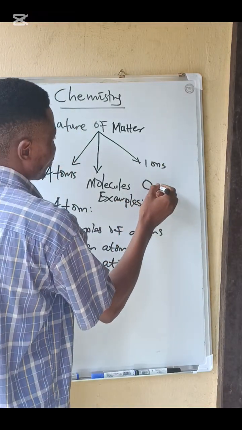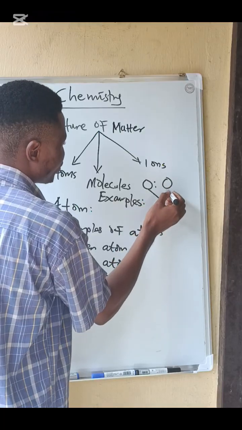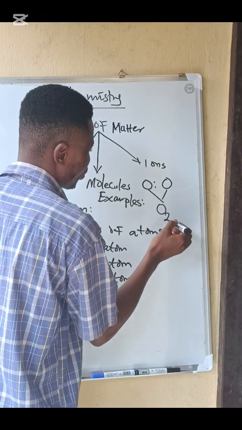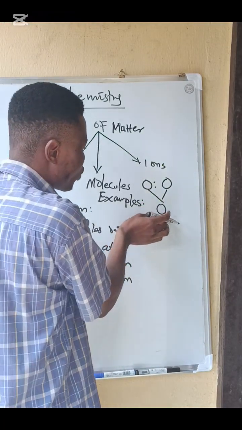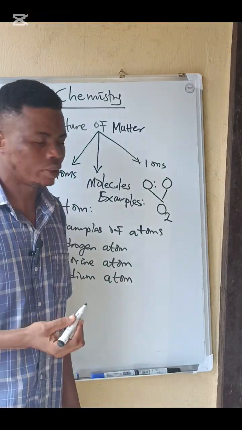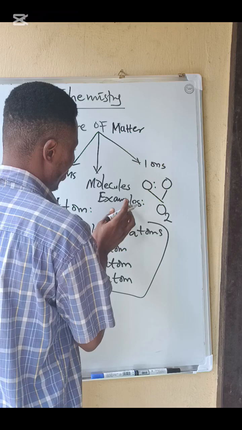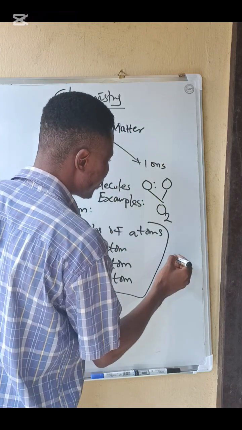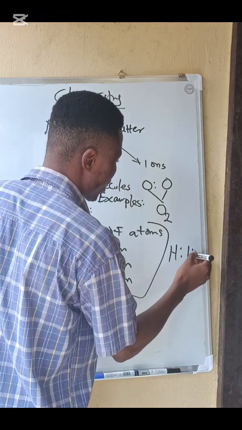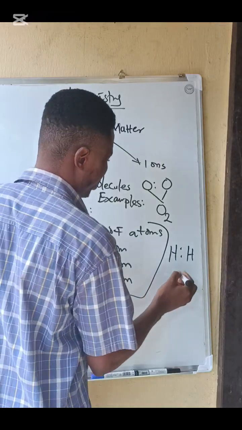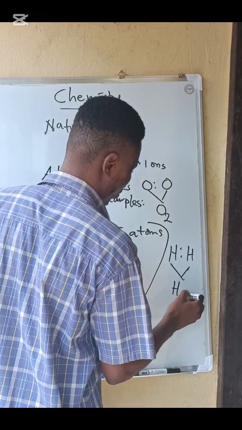When oxygen, when these two combine together, it forms O2. So this O2 now is what we call the molecule. We also look at hydrogen. When two hydrogen are combined together, we are going to have H2.